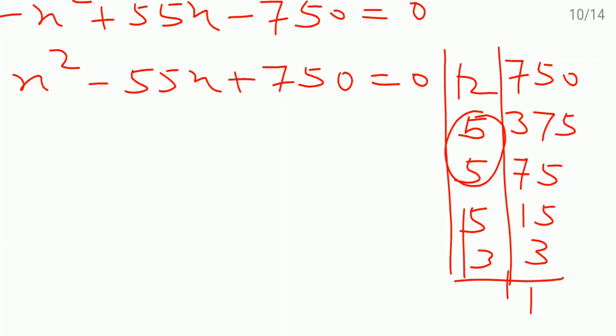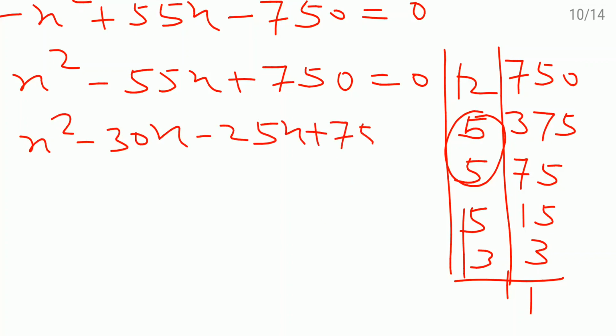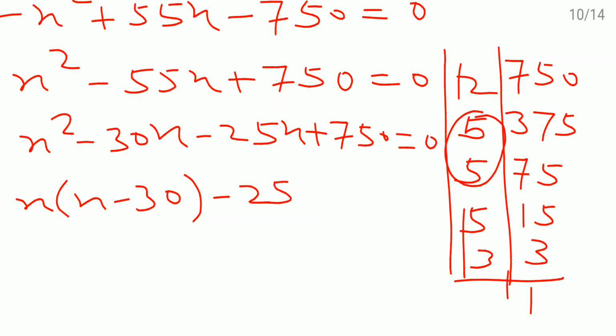So here I'll write down x square minus 30x minus 25x plus 750, which is equal to 0. So x will be common. X minus 30 here. Minus 25 is out. So x minus 30, which is equal to 0.